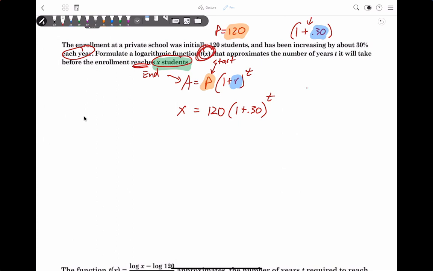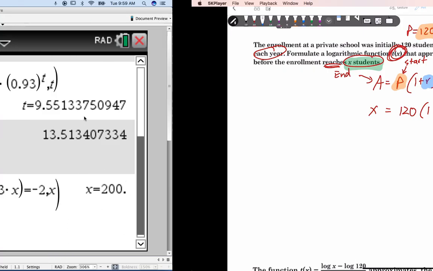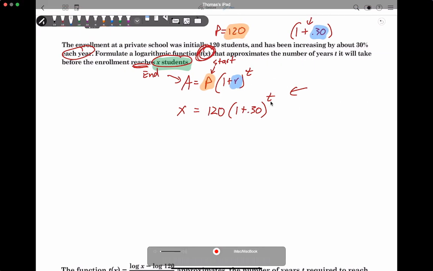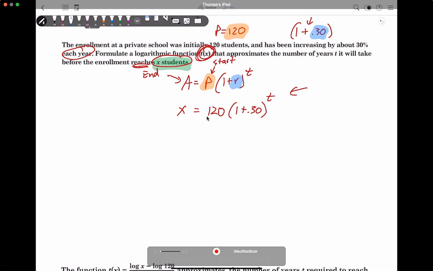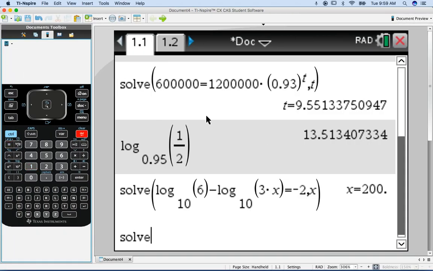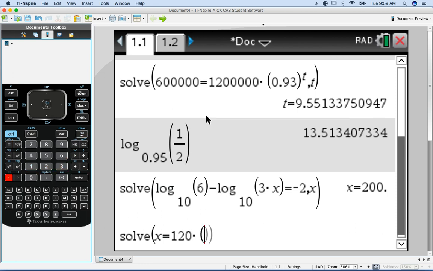Okay? So if we're trying to get t all by itself, we have to know algebraic manipulation. Real quick, I'm just going to show you, I could try to solve this function for t, and look what it does. So menu 3.1, we could say this function right here, x is equal to 120. Make sure you put multiplication between parentheses because it doesn't always think that they're multiplication.